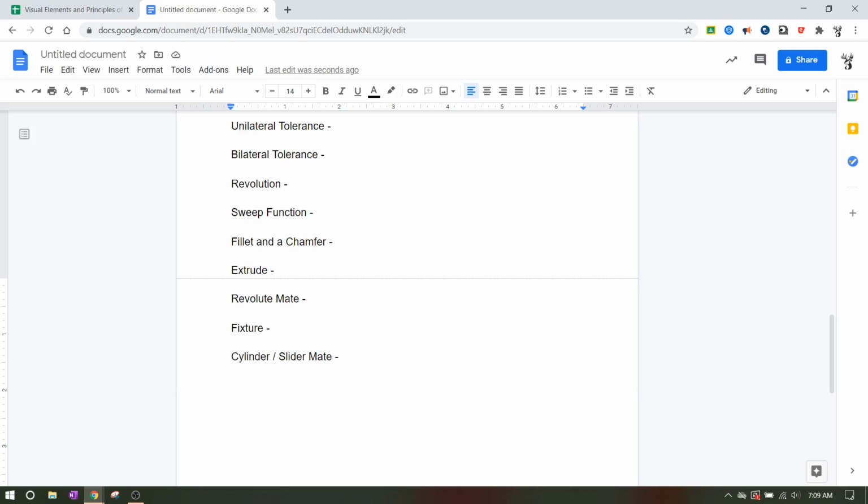Let's see. Constraints inside Onshape. You need to keep in mind that there are some constraints. Most notably, the ones that we really used were the vertical, horizontal, parallel and perpendicular constraints in sketch mode. I'll have a picture and you'll need to be like, hey, that's a vertical constraint.